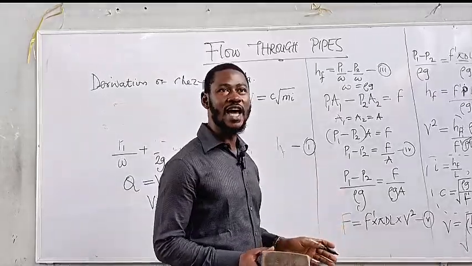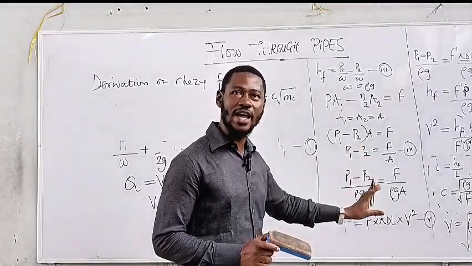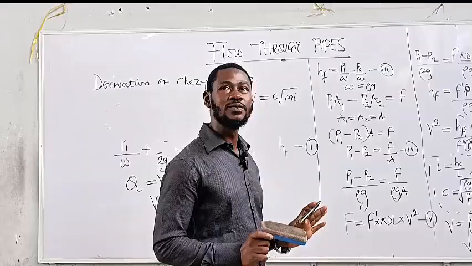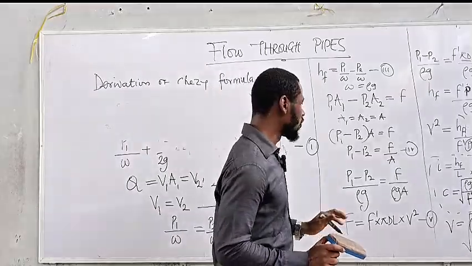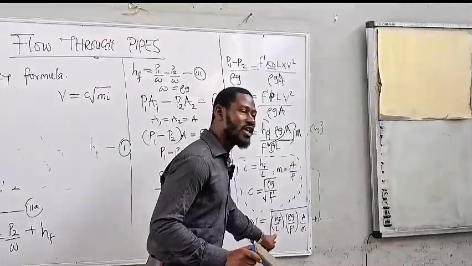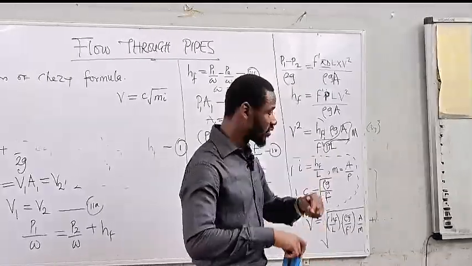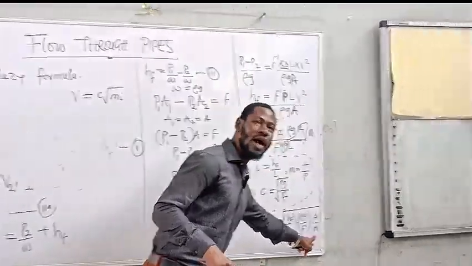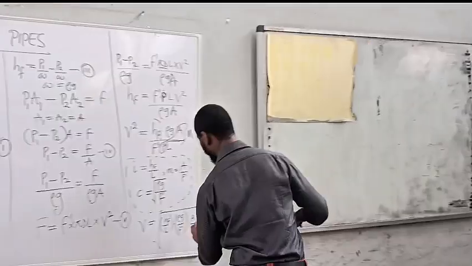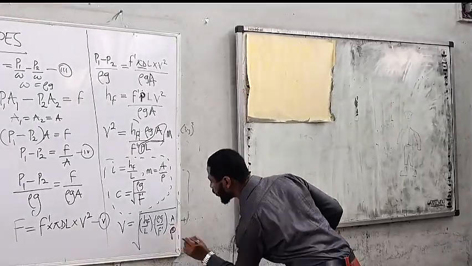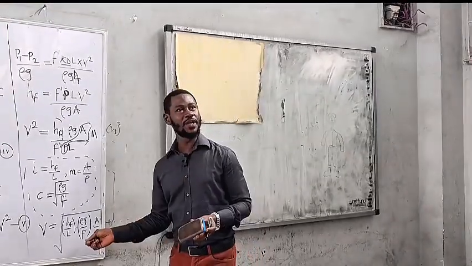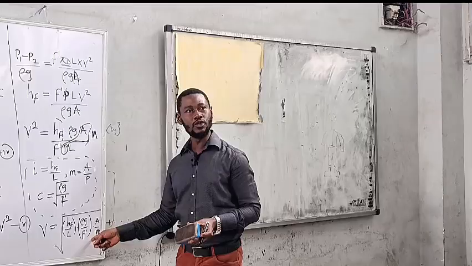We are still coming there. I'm still going to simplify it to that level. Just calm down. So at this level, what happened to this gentleman? He will still be inside the square root. Then what happened to this gentleman? It will also be inside the square root. Then the only one that will be out is this gentleman.